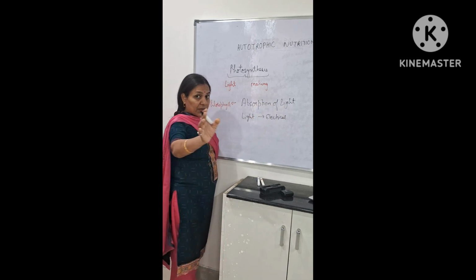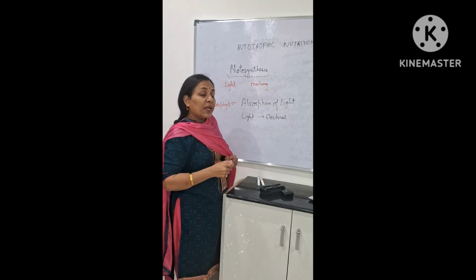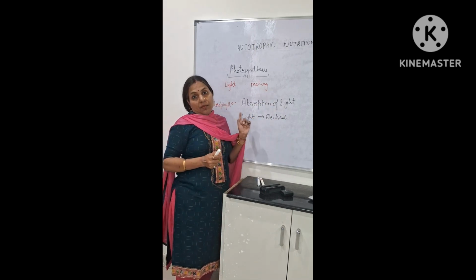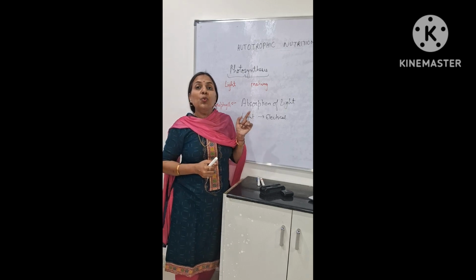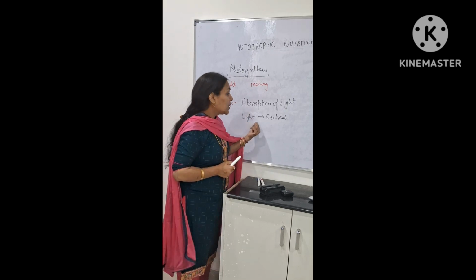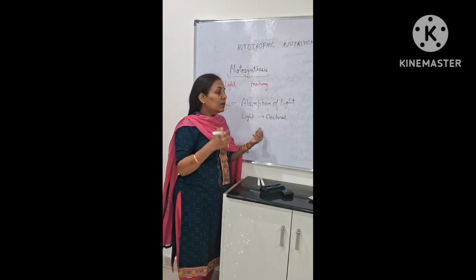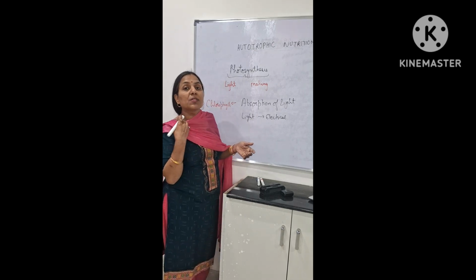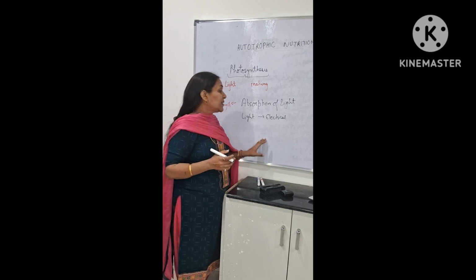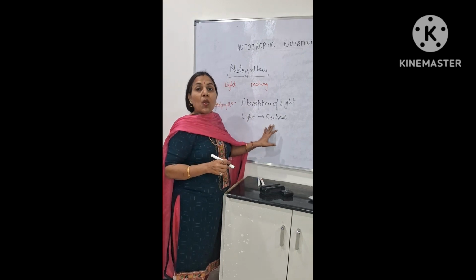Now just now I said a few minutes ago that the conversion is light energy to chemical energy. But here I am saying the second step is conversion of light energy to electrical energy. Why?